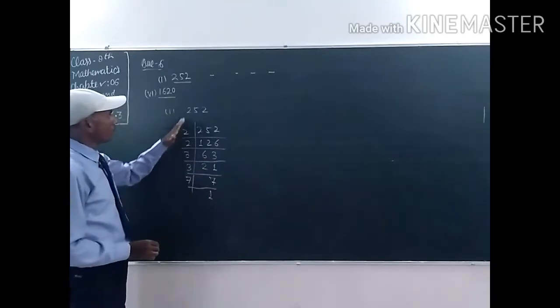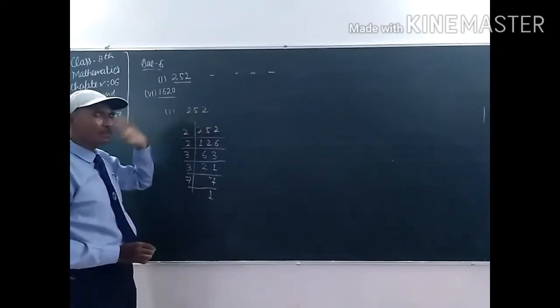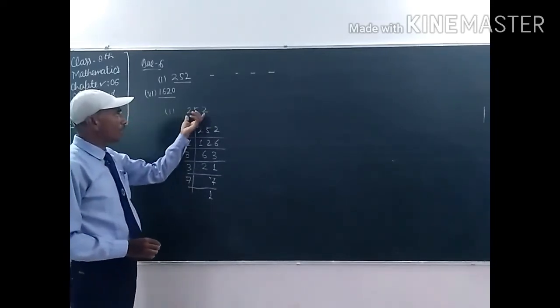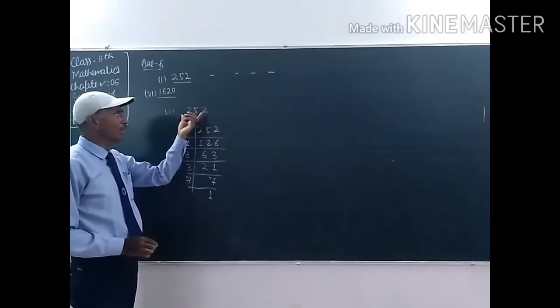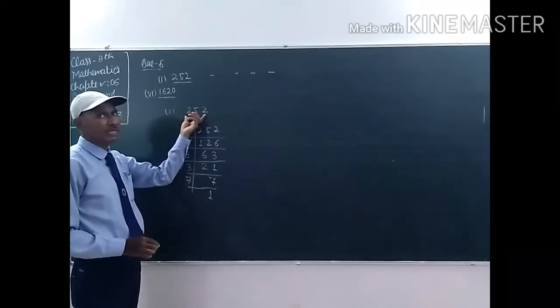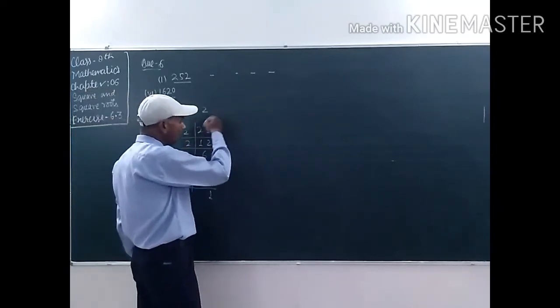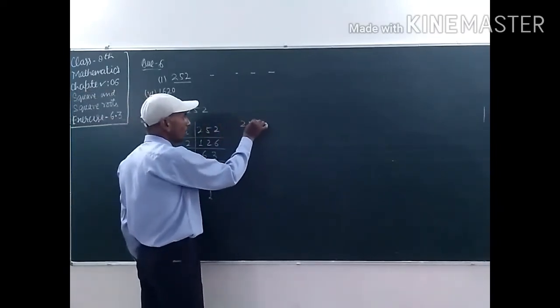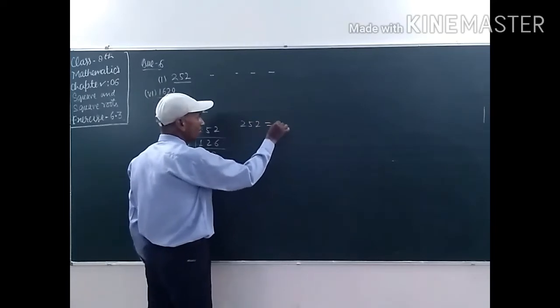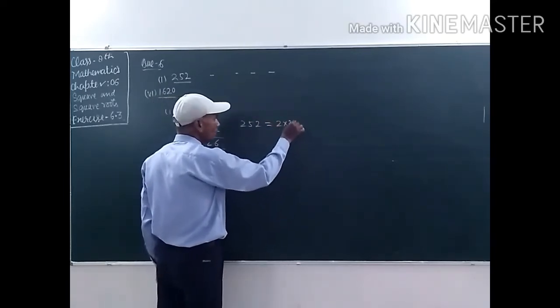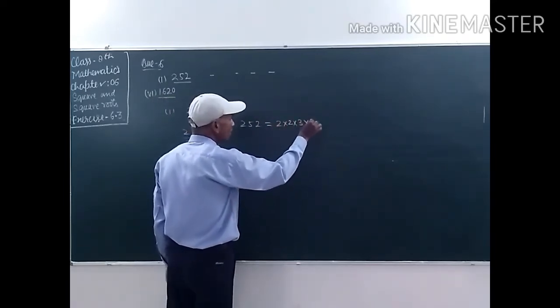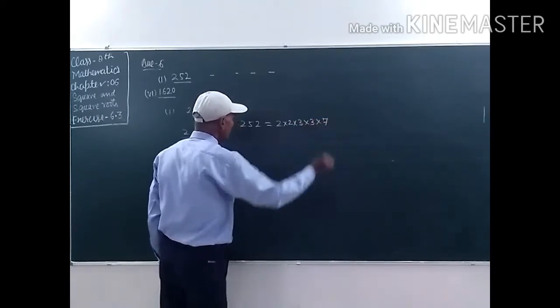So this number 252 is not a perfect square number, and we have to find the smallest number by which we divide this number to make it a perfect square number, student. The prime factors of 252 are 2 into 2 into 3 into 3 into 7, student.